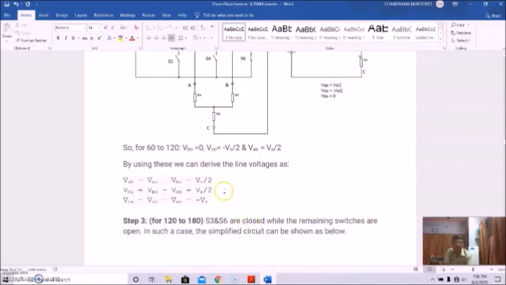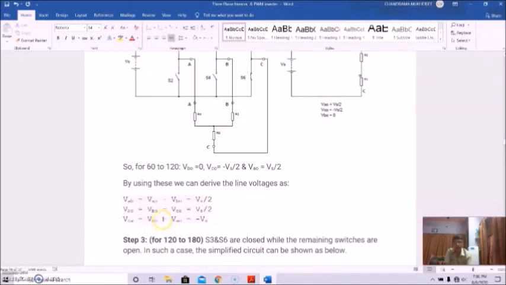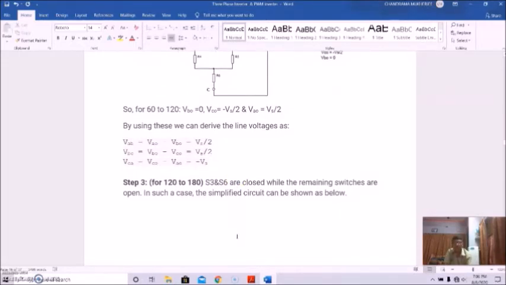So using this, we can derive the line voltages as VAB equal to VAO minus VBO equal to Vs by 2, VBC equal to VBO minus VCO equal to Vs by 2, and VCA equal to VCO minus VAO equal to minus Vs. So this is for step 2.